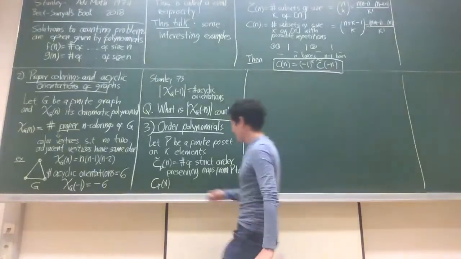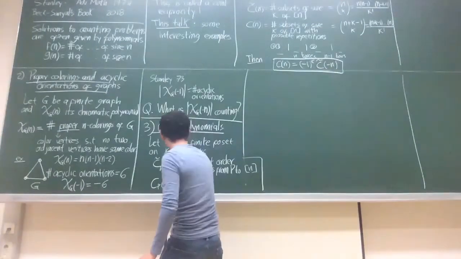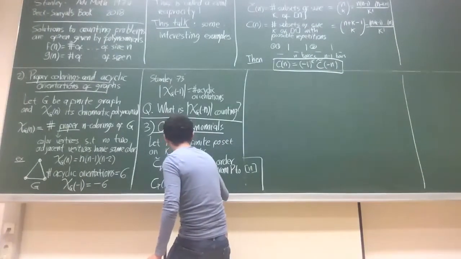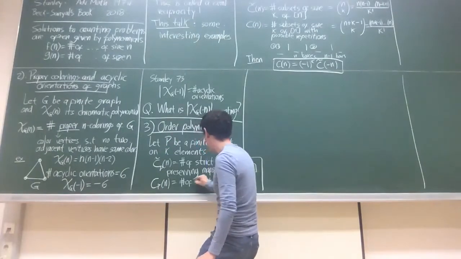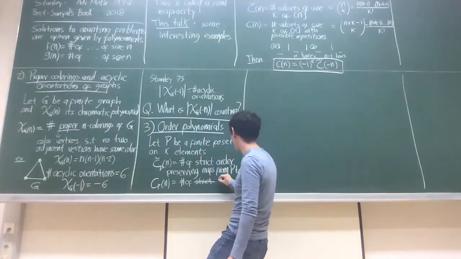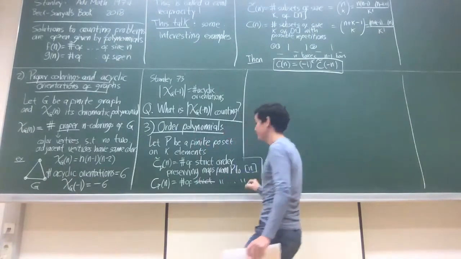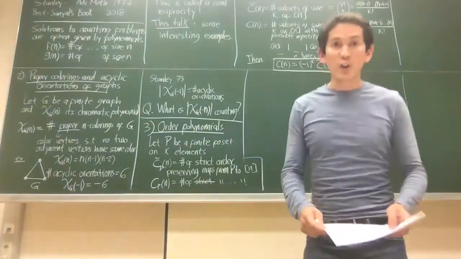And let C P of n without tilde be the number of the same without the word strict. So what is an order preserving map?